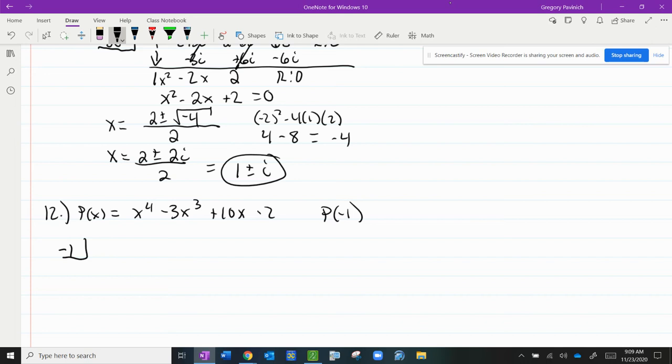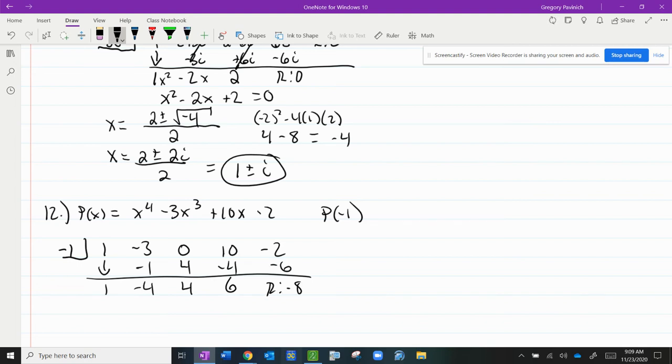Say instead of plugging in negative 1 into the function, show that the result went by synthetic substitution. So I get negative 1, negative 4, 4, 4, negative 4, 6, negative 6, remainder negative 8. So you could always check your answer.